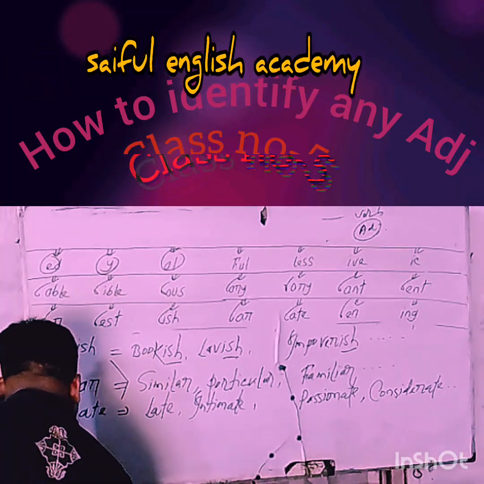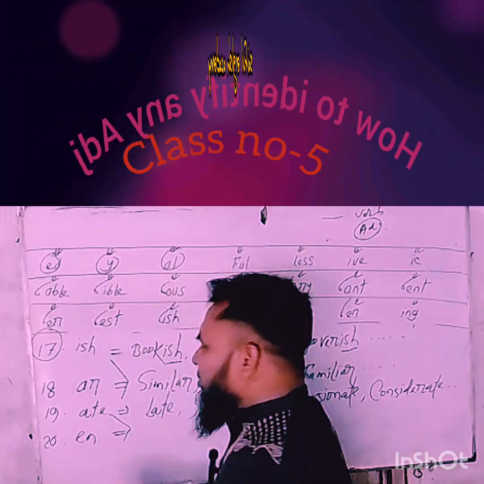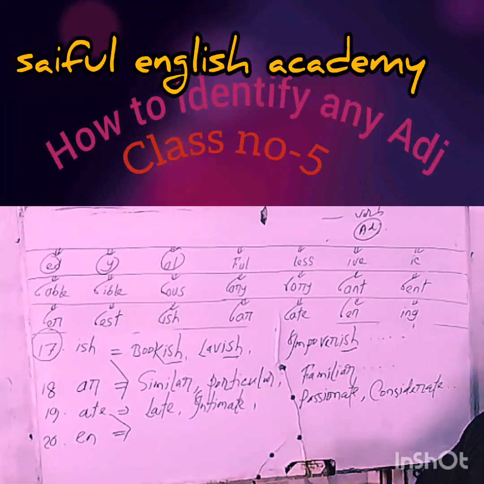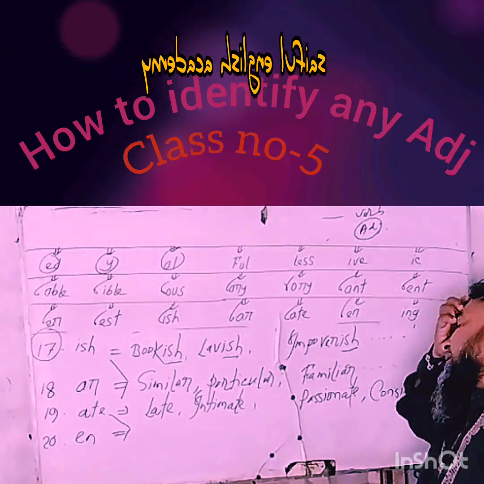Now, thinking about your next suffix EN. You'll have to mind that, my dear learners, the suffix EN is a very important suffix to identify an adjective from any sentence.